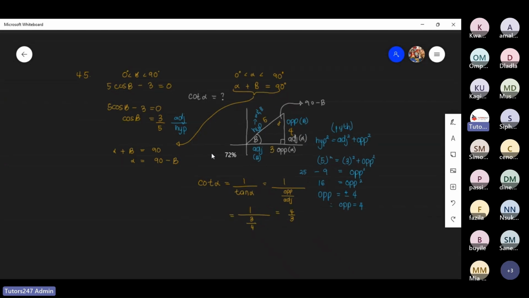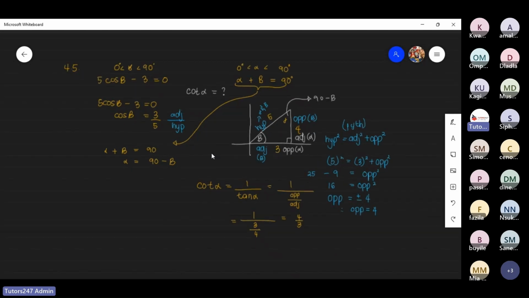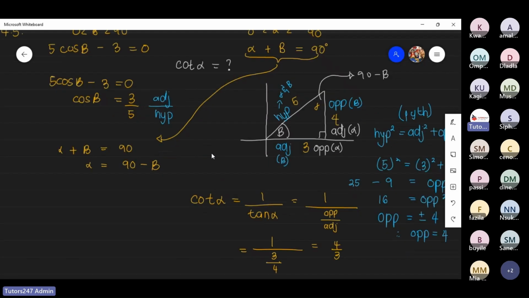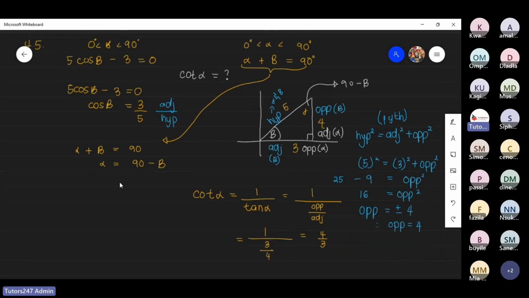And accompanying that piece of information, we were told that beta is within quadrant 1, being between 0 to 90 degrees. Secondly, we have the second piece of information, which was alpha plus beta equals 90. And accompanying that piece of information, we had alpha in quadrant 1, meaning that alpha is between 0 to 90.